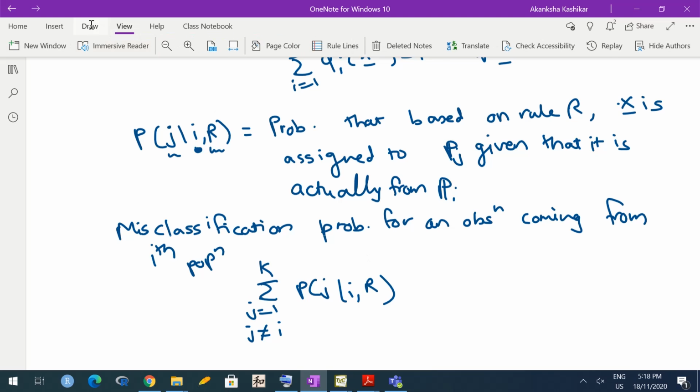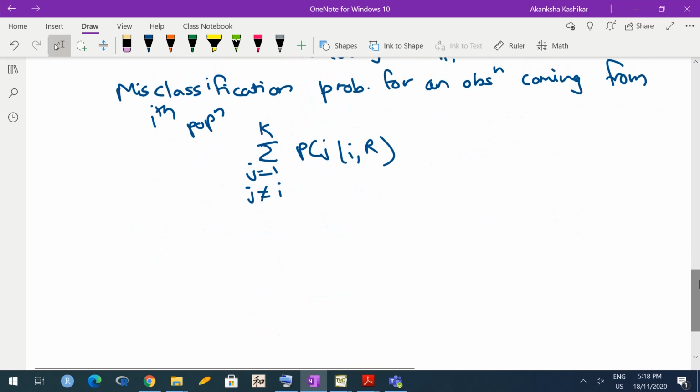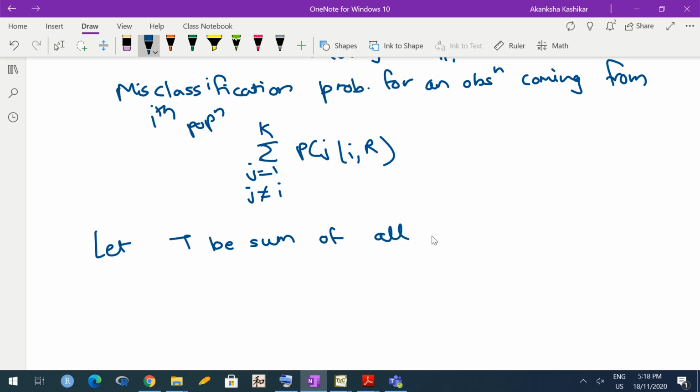And if I want the sum of all such misclassification probabilities, this is particularly for an observation coming from the ith population. So if I want to generalize it to all the populations, then let T be the sum of all misclassification probabilities.